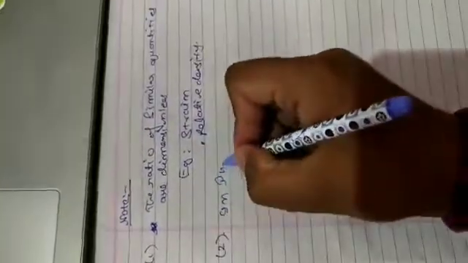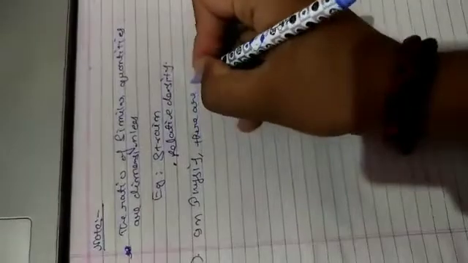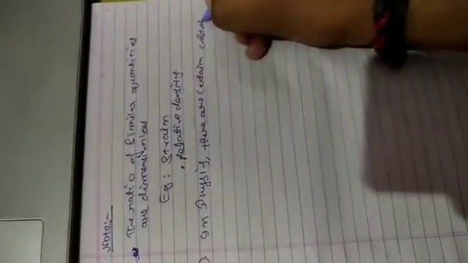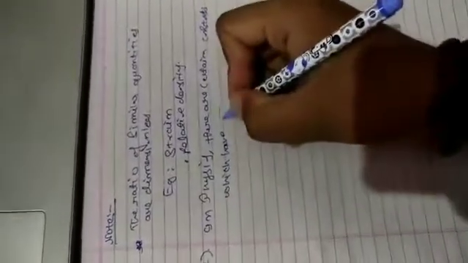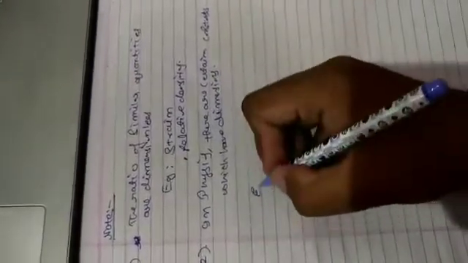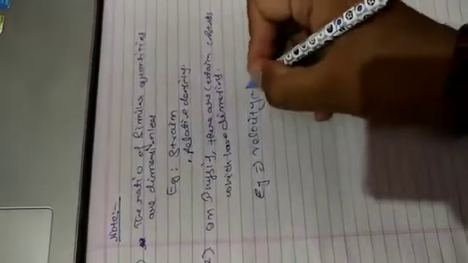Second point is in physics there are certain constants which have dimensions. Example, velocity of light in vacuum.